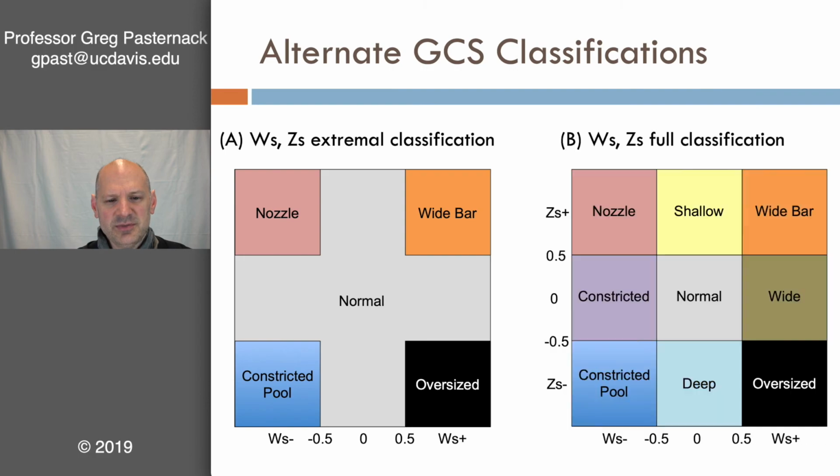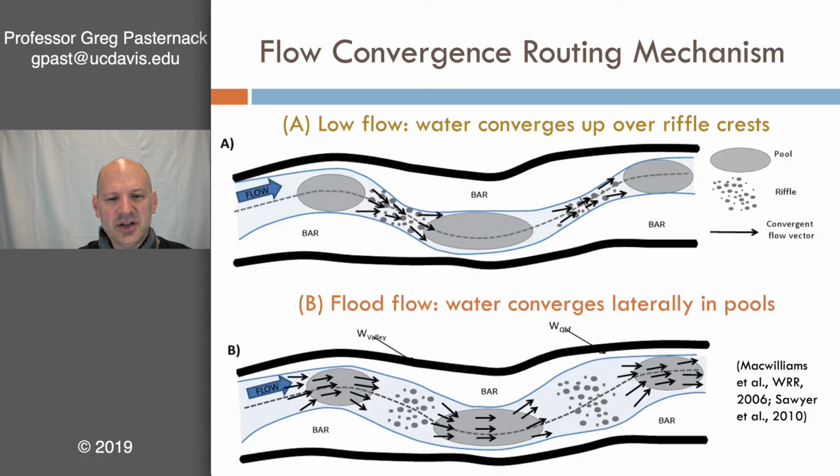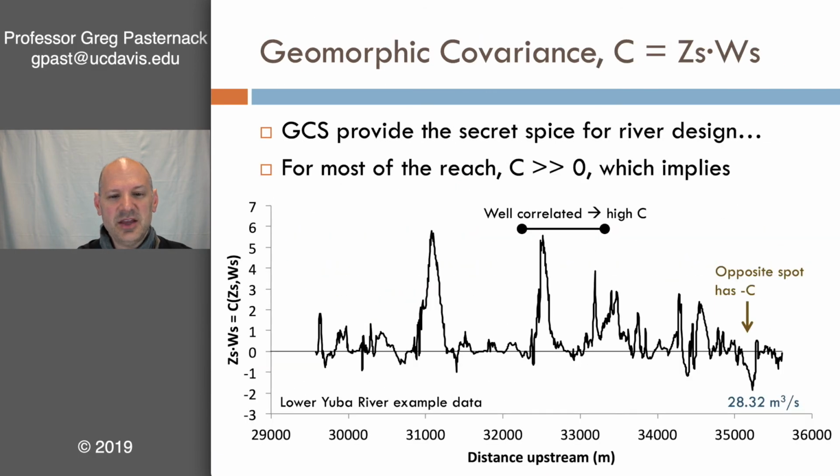I just want to check something here. Okay, I'm just going to go way back for a minute, back to here. So now if we look at this function, you should have the ability to interpret this. You should recognize that in the simplest way, if I'm above 0, I don't know what the landform is. It's either constricted pool or wide bar, but it has to be one of those two.